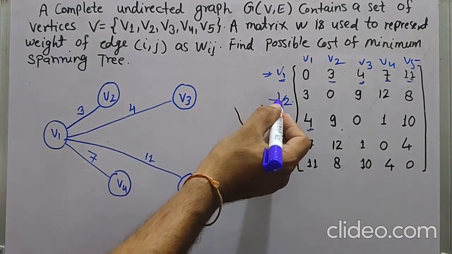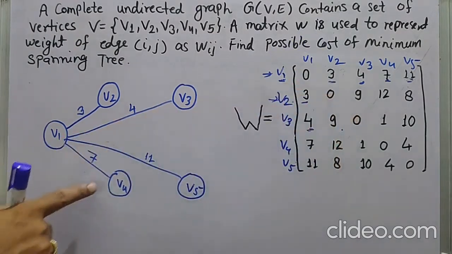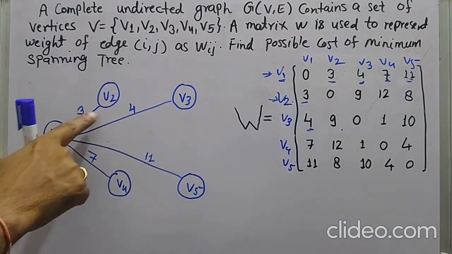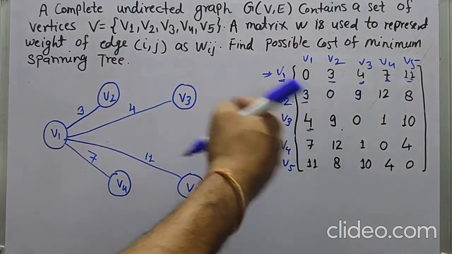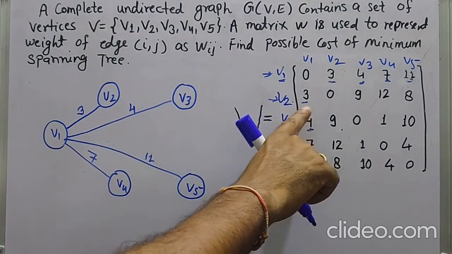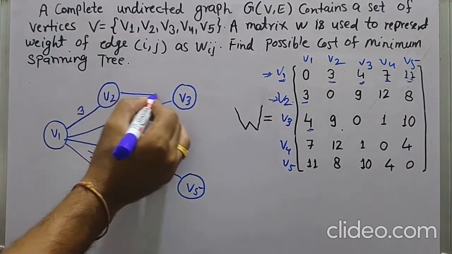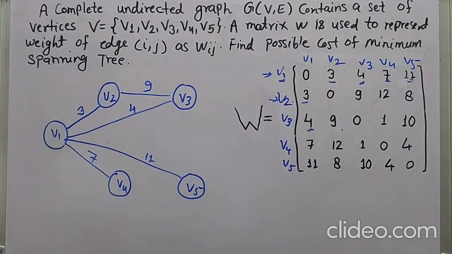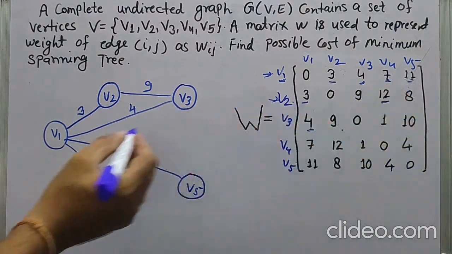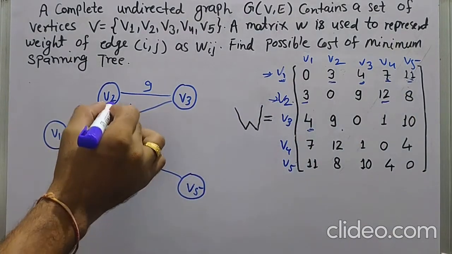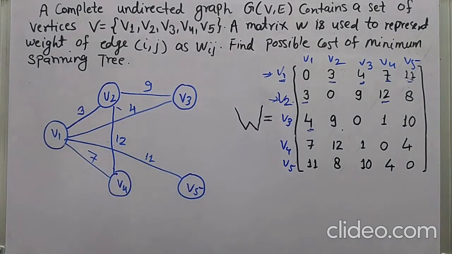Now consider V2 as the source. V2 to V1, the cost is 3, which we have already drawn. V2 to V2 is 0, no edge, self edge. V2 to V3 is 9. V2 to V4 is 12.